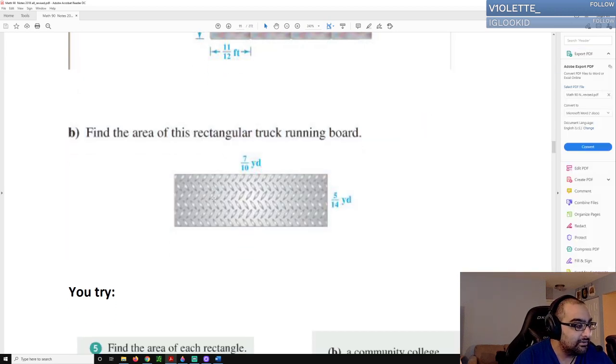Here are the dimensions listed on the page. We have the length being 7/10 and the width being 5/14. They're both in yards in this case.